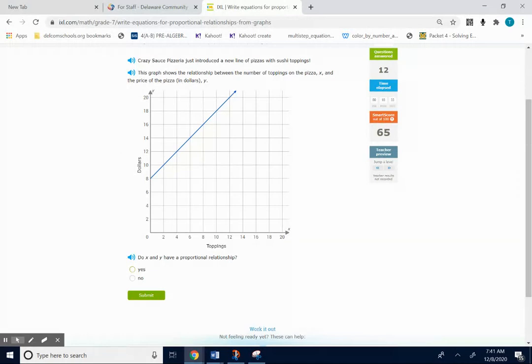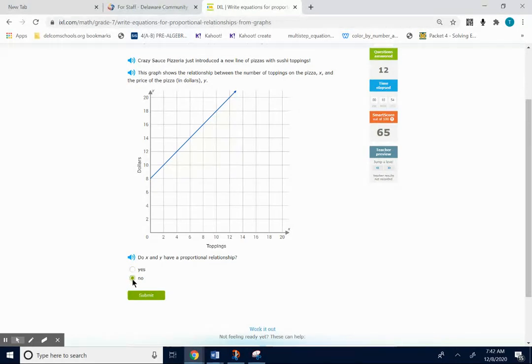They're first asking you, is it proportional? Well, for it to be proportional, it has to be a line that goes through point 0, 0. Do you remember? Okay, so this would not be proportional.